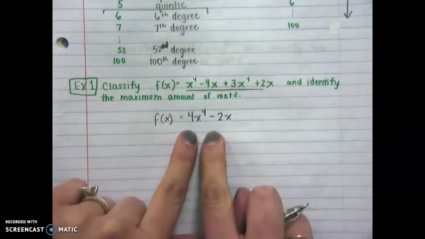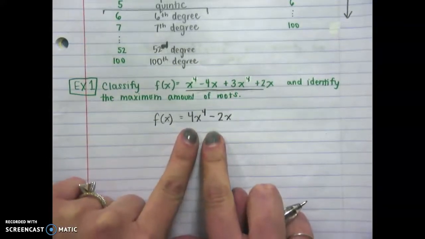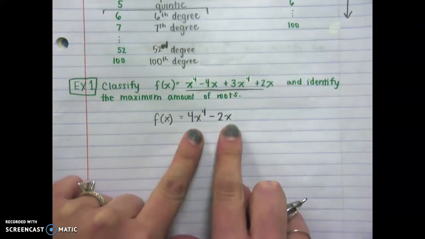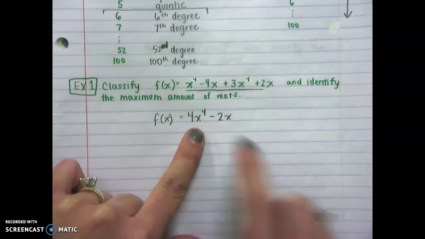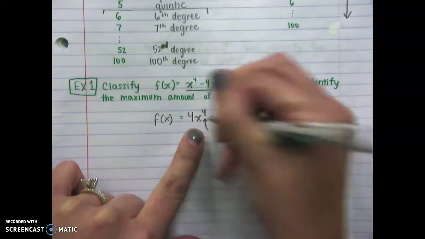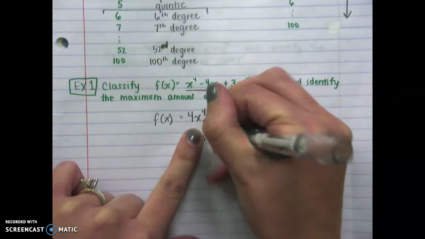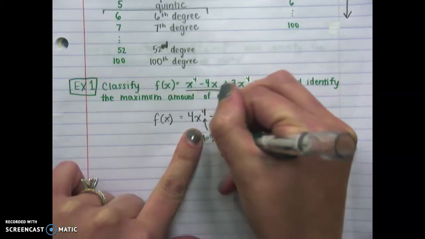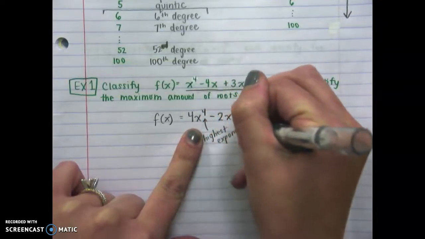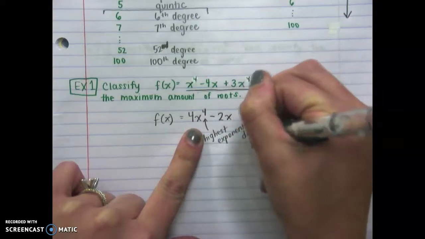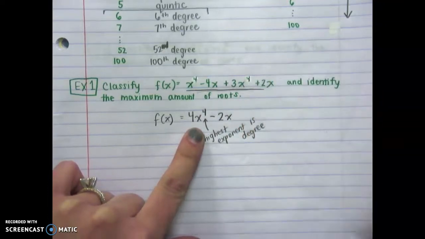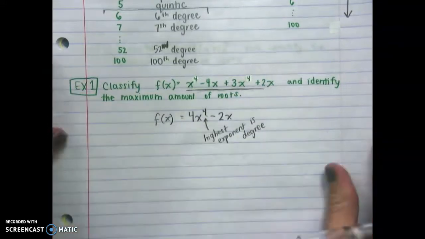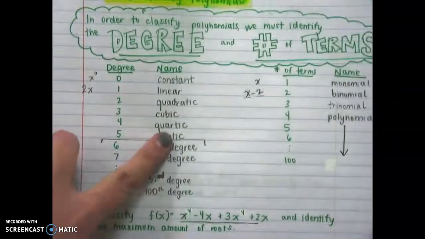So to classify this polynomial, first I look for the degree. In standard form, the degree of the polynomial is the highest exponent. So in this case, we have a degree of 4, which is a quartic.